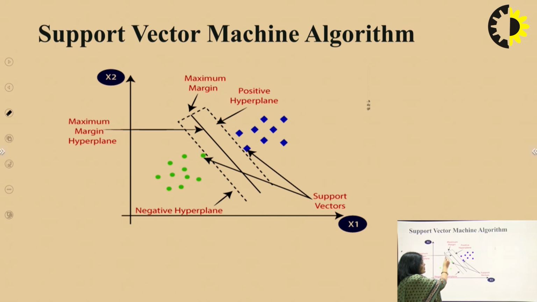We can draw a separating line here, a 1D line, that separates these two class points. But the problem is that an infinite number of such lines can be drawn in this space, and we need to find the maximum margin hyperplane out of all these lines, so that we have a good decision boundary, which will be used for future points which we have not seen yet.